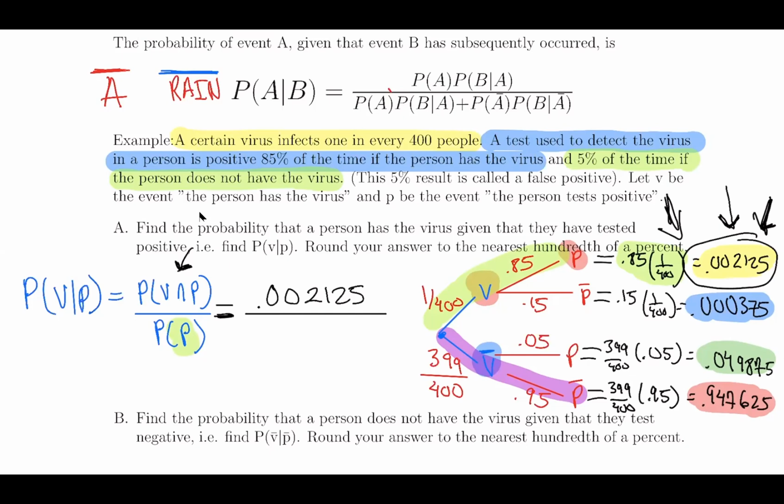So which color should I use if I want a positive test? Well, which color corresponds to that one? Well, let's look at the branches. Let me clean this up a little bit.